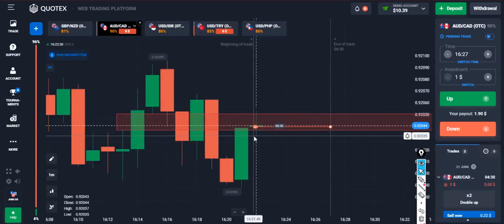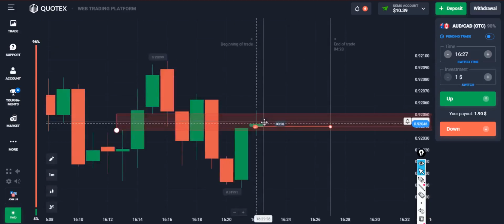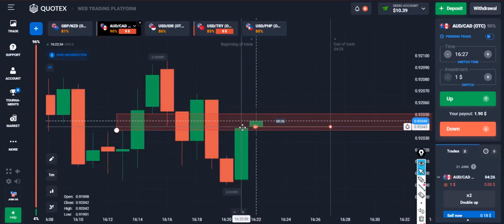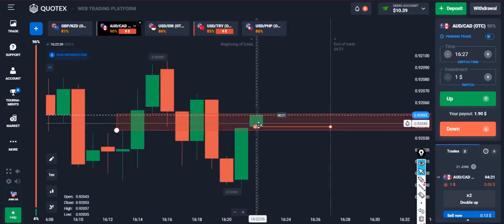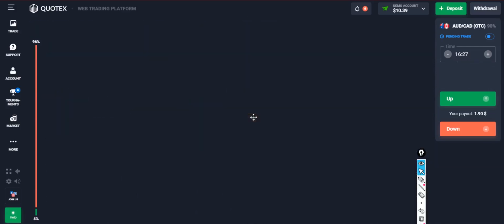I think this candle should end as a green candle, because there is no wick here. So when there's no wick, normally the candle ends up or continues as the previous candle.